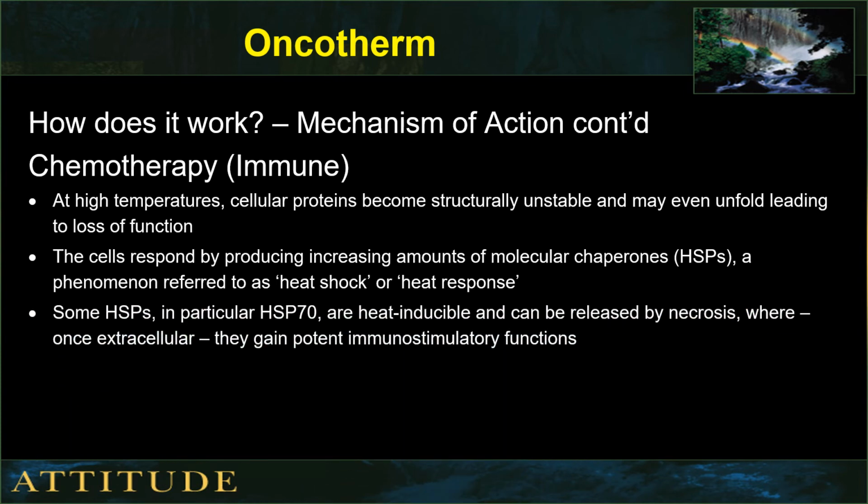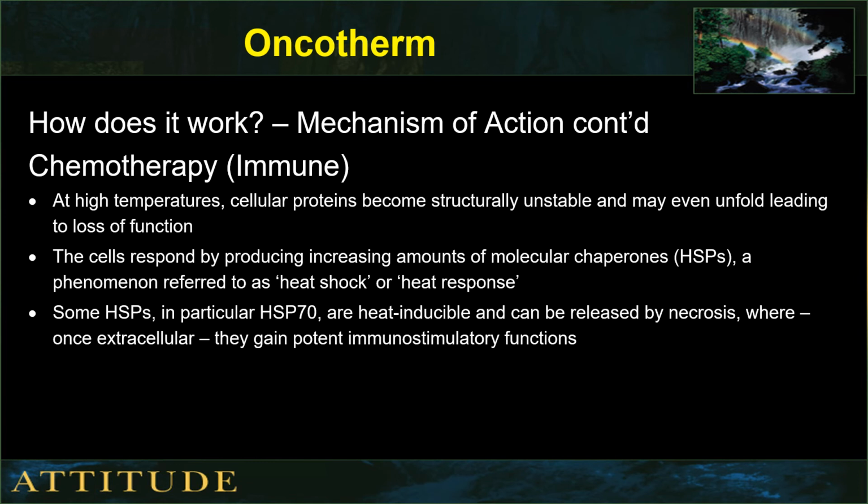Now, some of these heat shock proteins, in particular heat shock protein 70, are heat inducible. So when the cell starts to get heated up, it runs into a bit of a panic, and it starts producing this specific protein. This protein can be released by necrosis. So when the cell starts dying off, and what does chemo do?